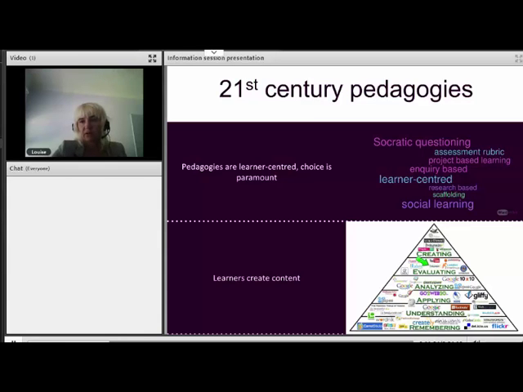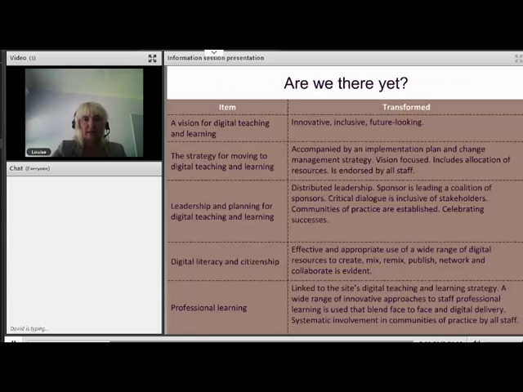I'll just go back to our review. Great. So this is a pretty text-heavy screen, but it's an important one. I've selected the key areas for digital teaching and learning in a site. Are we there yet? Are we ready to transform our sites to digital teaching and learning?